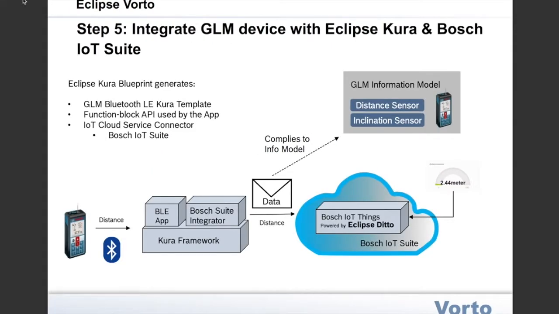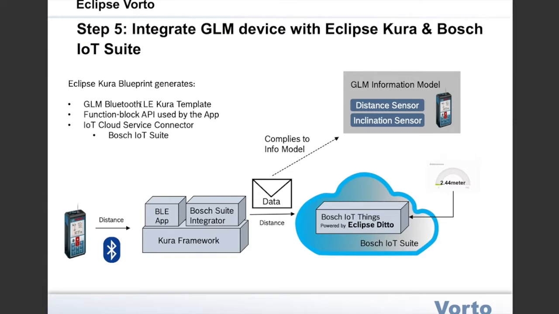The next step, we would like to integrate the actual GLM device, and we would like to use Eclipse Kura for that, as it has a nice gateway framework with Bluetooth support in order to read the data with a Bluetooth driver from the actual device. And Vorto provides an Eclipse Kura blueprint generator.